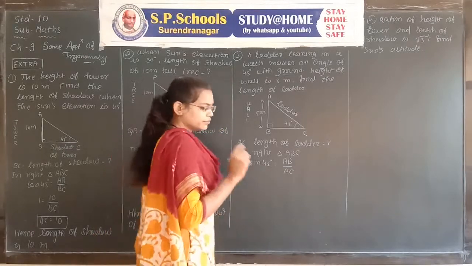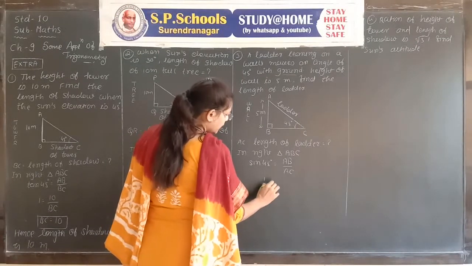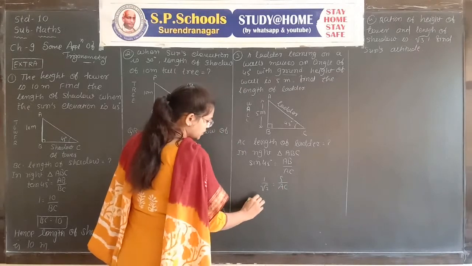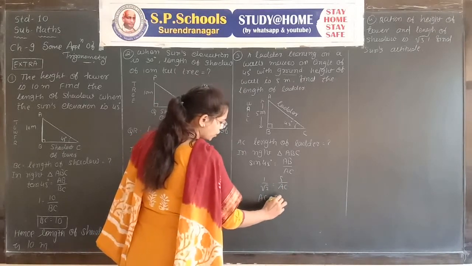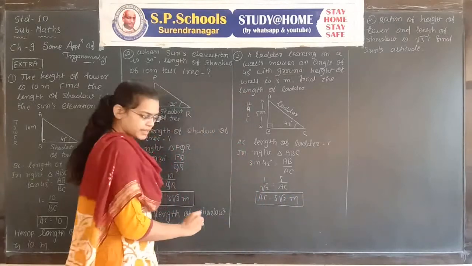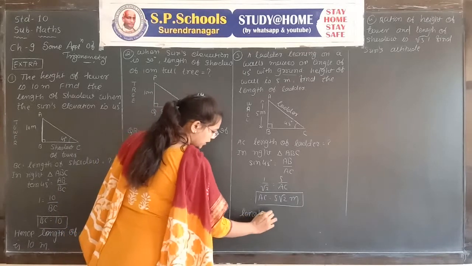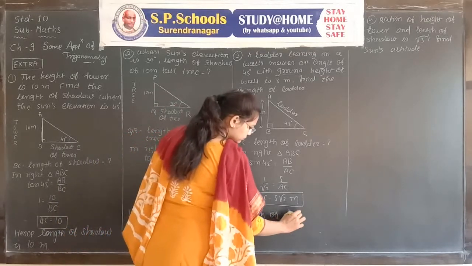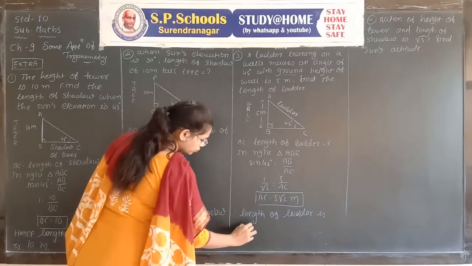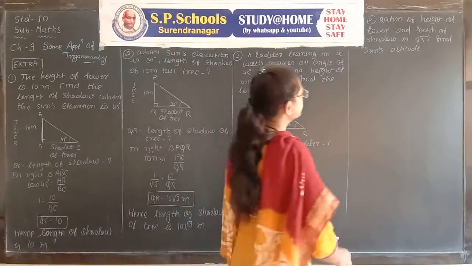Sin 45 from the table is 1 upon root 2, AB is 5, AC remains as it is. Now make AC the subject. AC is equal to 5 root 2 meter. But what is AC? AC is the length of the ladder. Therefore, the length of the ladder is 5 root 2 meter.